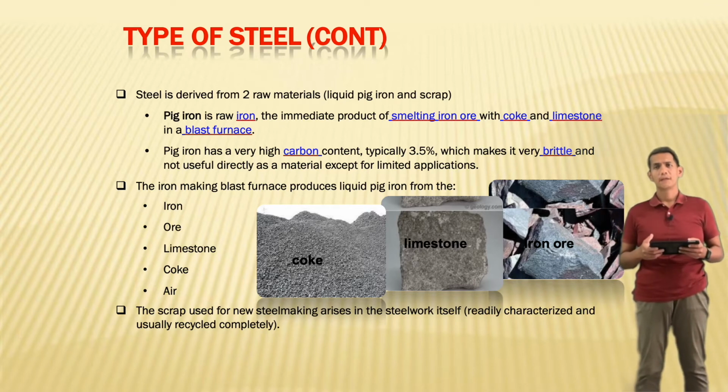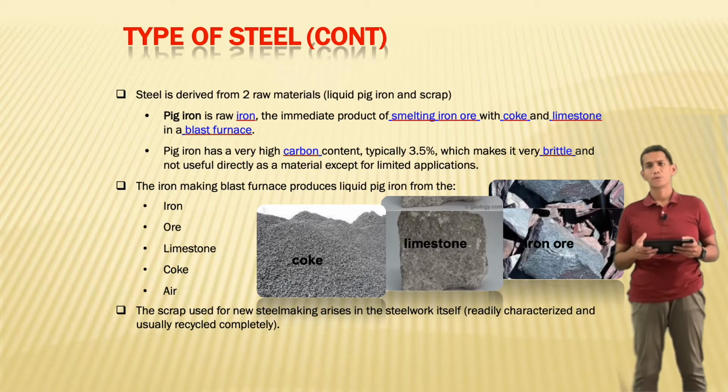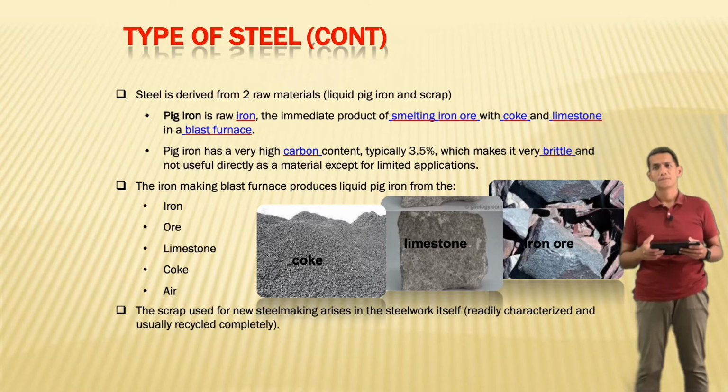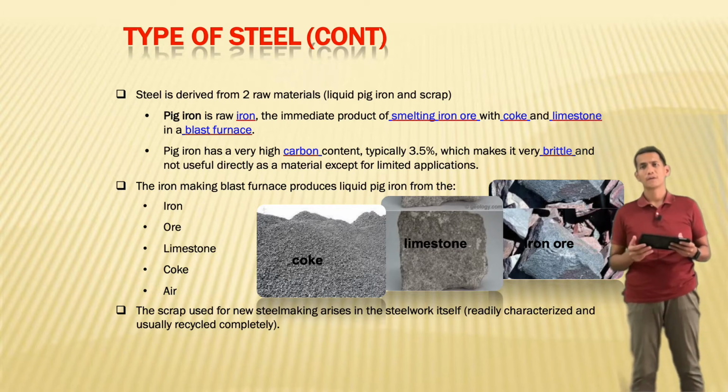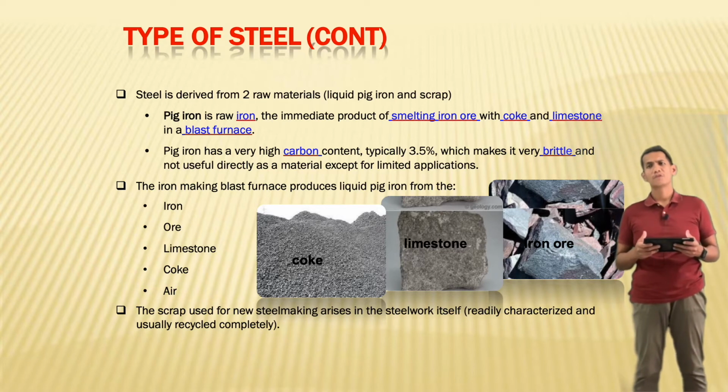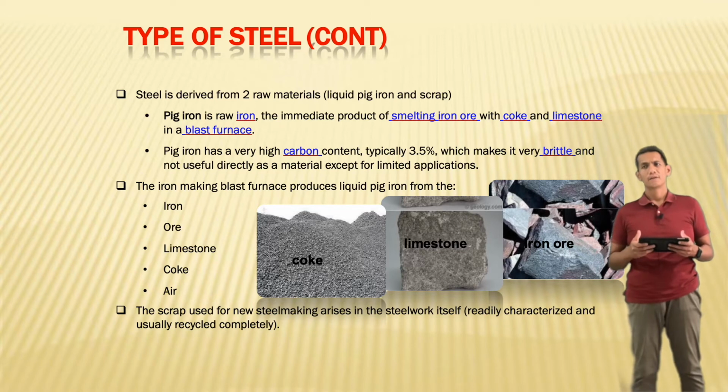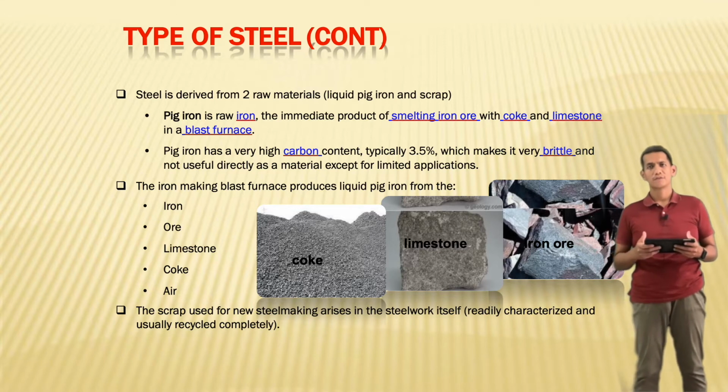The iron making blast furnace produces liquid pig iron from iron ore, limestone, coke and air. The scrap used for new steel making arises in the steelwork itself, is readily characterized and is usually recycled completely.